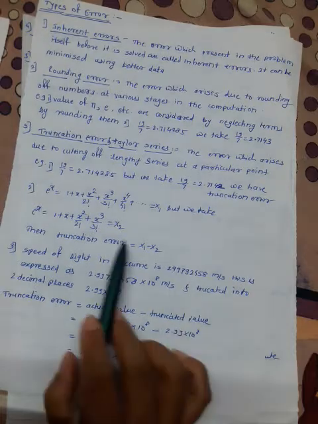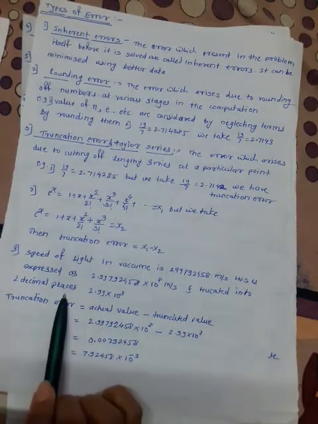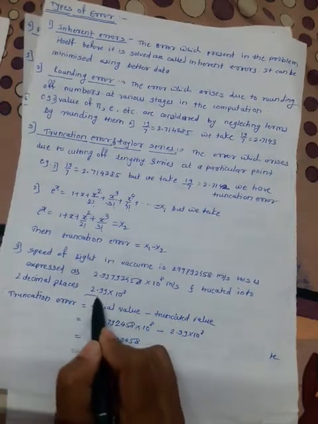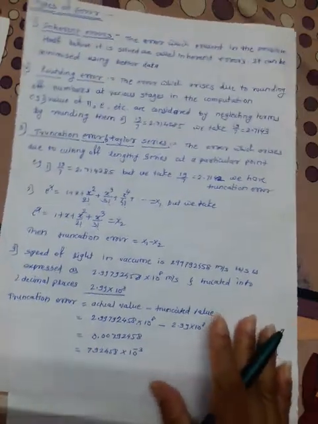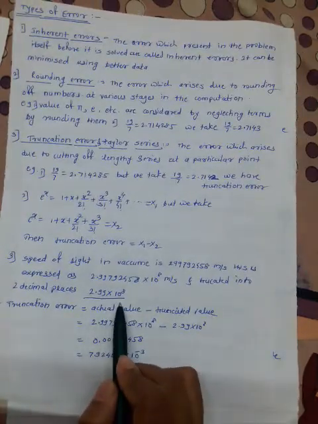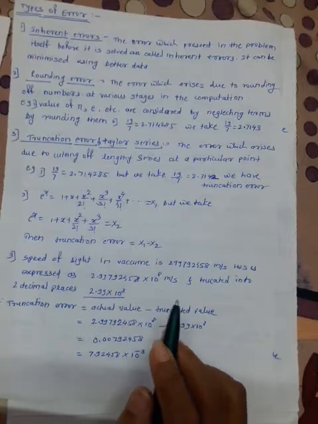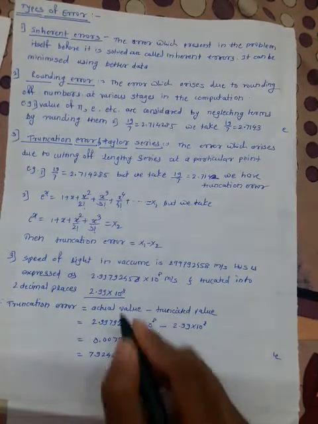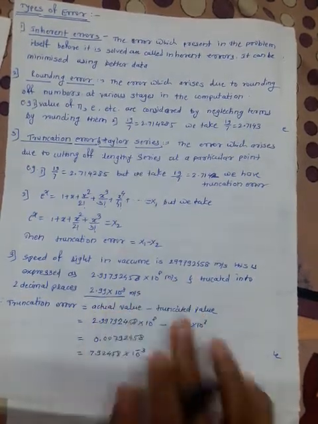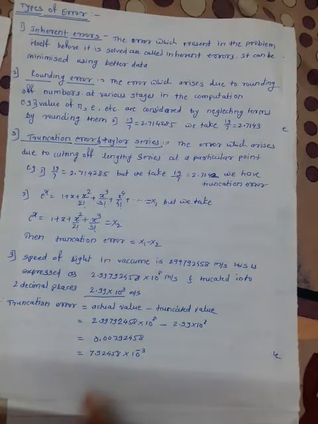But truncated to 2 decimal places, we know the standard number for the speed of light is 2.99 into 10 raised to 8, or sometimes we consider 3 into 10 raised to 8 meter per second. This is called truncation error in the particular series.